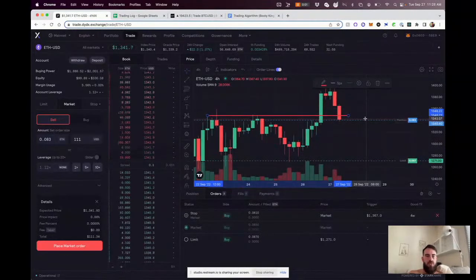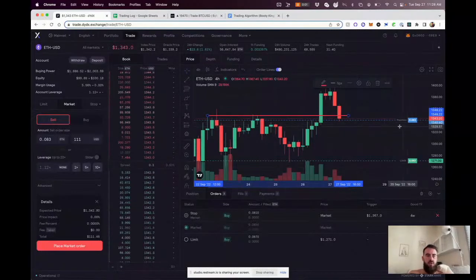The entry we shot for was 1343. For whatever reason, that order didn't go through correctly. It was supposed to be a stop market order, sell, and the order didn't happen. It was my first trade on DYDX, so there's some execution thing I did wrong there.